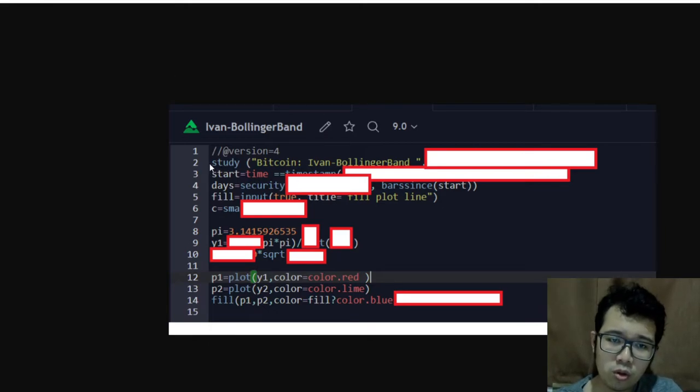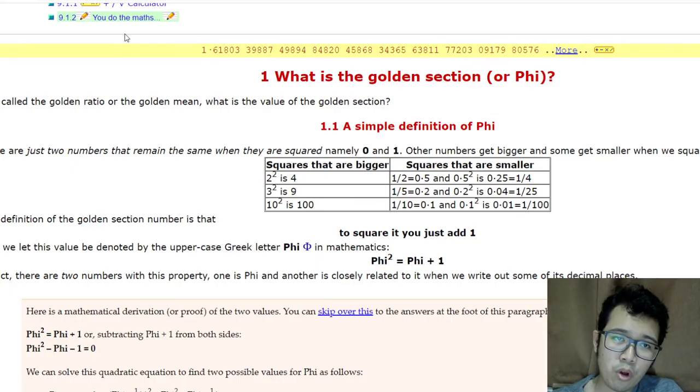So I told you that I created this own Bollinger Band. You can see this is the script, and I have some formula that I use. But the concept is, if I'm using pi, 3.14. If you want to know what pi is, pi is the golden section ratio.